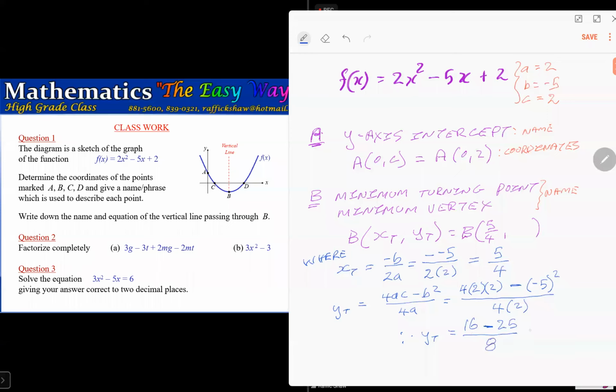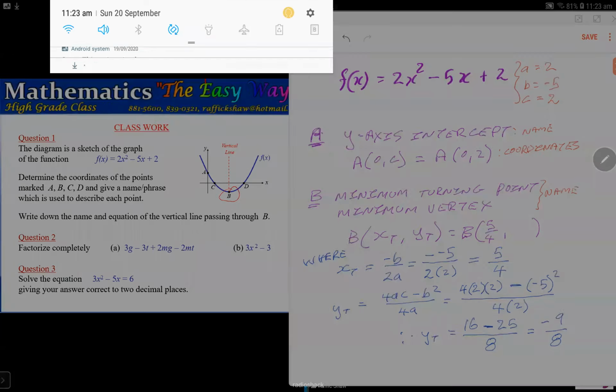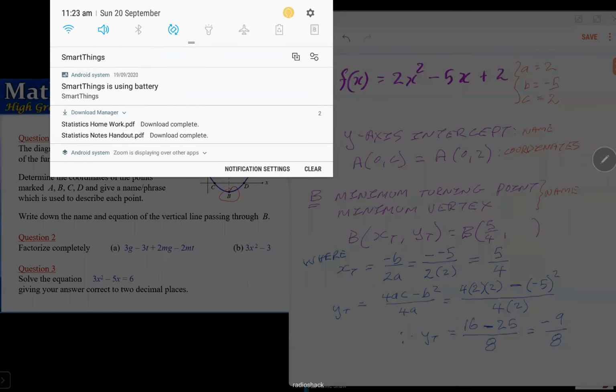And then the 16 minus 25 on the numerator is negative 9. It's negative 9 over 8, which makes sense because the y-axis intercept over here on the graph, you can see is negative, right down here. You can see that it is a negative y-axis intercept. So not y-axis intercept, a negative yt value.